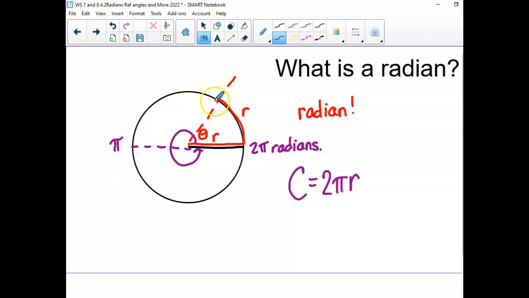So if I took my radius, I'd get to 2, and then I'd get to 3.1 of these. So there'd be 3, and then 0.1 of them starting for the next radius. Because at 3.1 of these little radiuses is when you would hit 180.